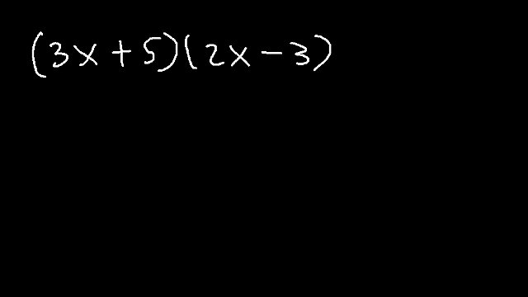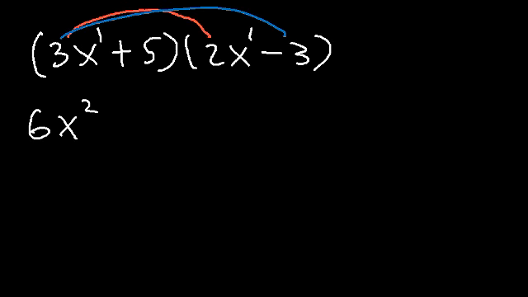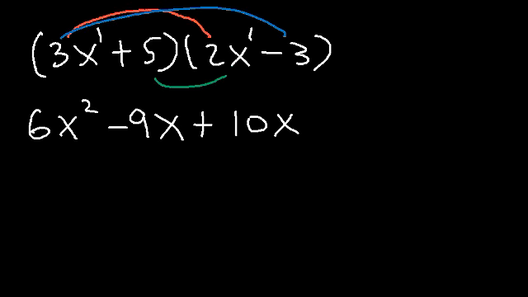So let's multiply the first two terms on the outside, 3x times 2x, which is 3 times 2 is 6. X times x is x squared because 1 plus 1 is 2. 3x times negative 3 is negative 9x. 5 times 2x is 10x. And 5 times negative 3 is negative 15.